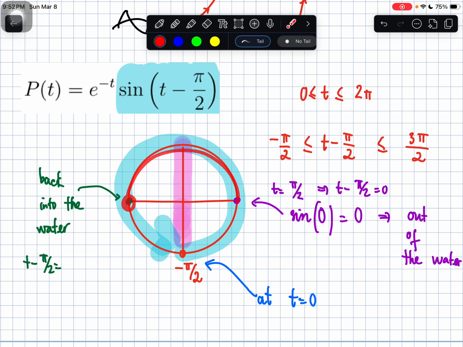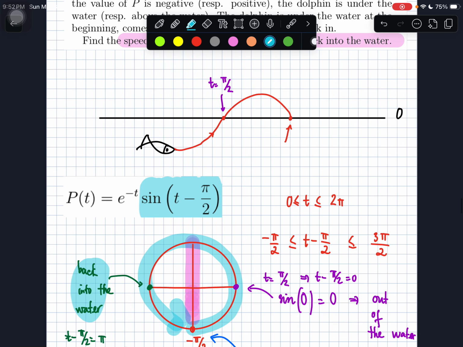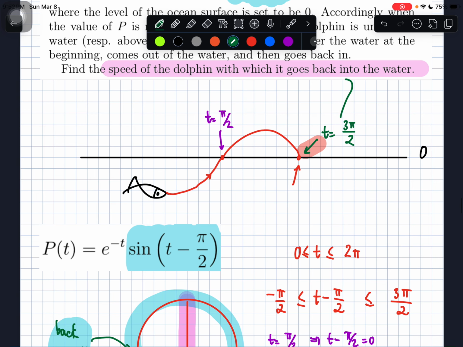So t equals pi plus pi over 2, 3 pi over 2. So the moment the dolphin goes back into the water is at the time t equal to 3 pi over 2.